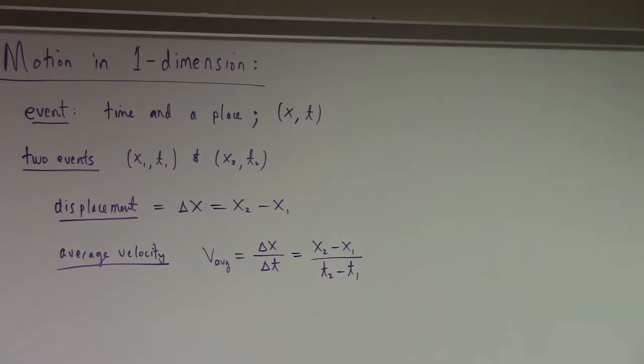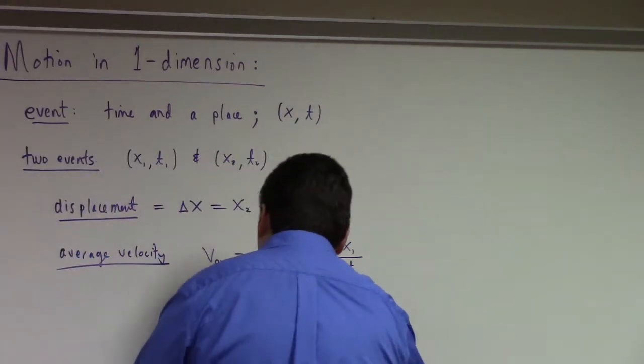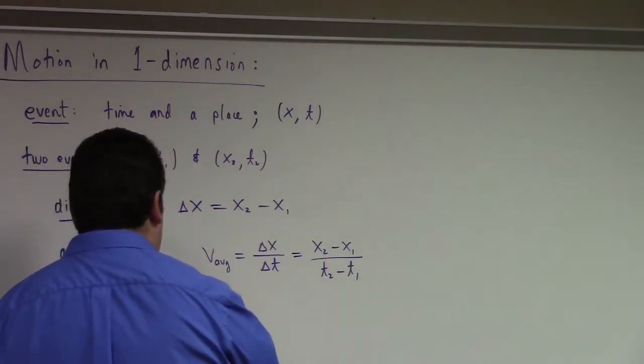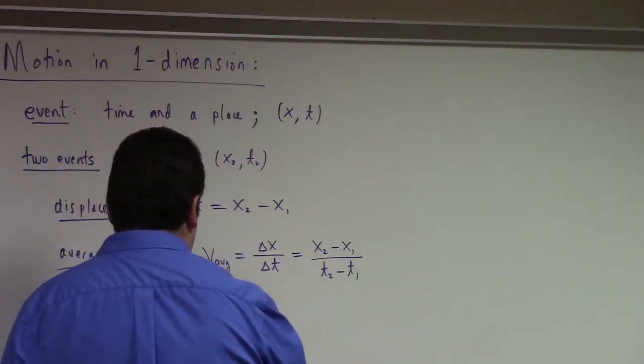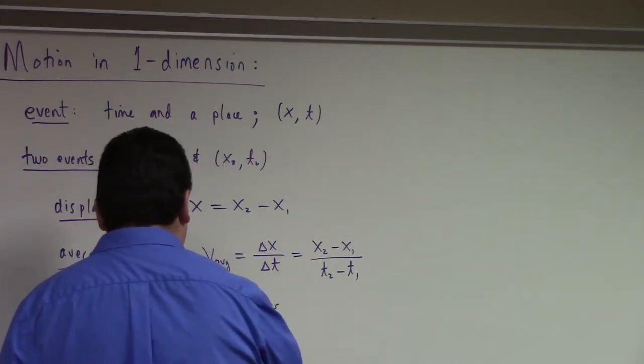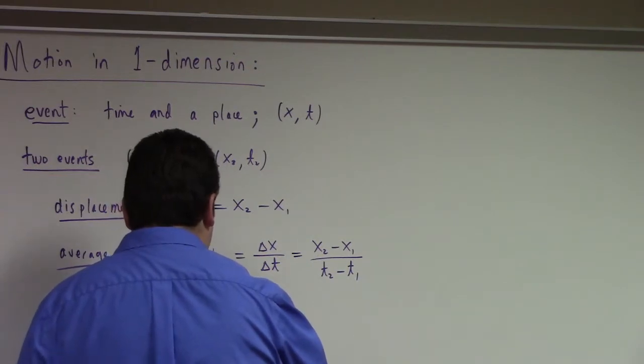So now, how does that work mathematically? Mathematically, we have delta x equals 200 miles. The average is 50 miles per hour.